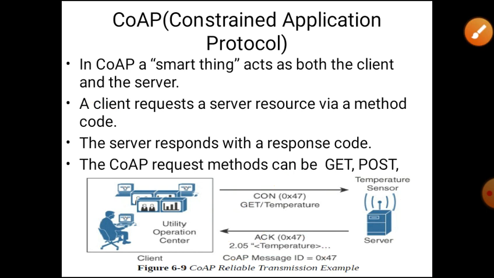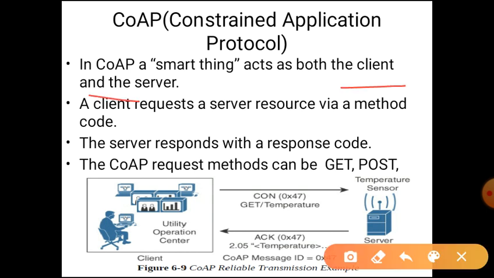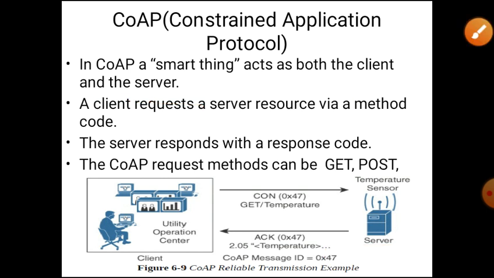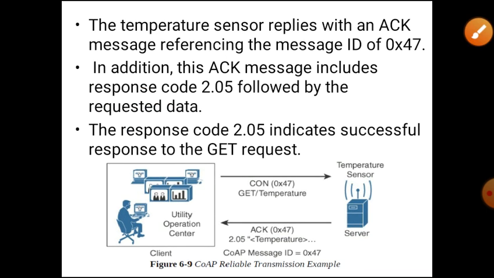So this is what the diagram says, that in CoAP a smart thing can act as both a client as well as a server. So these are the different messages that are supported by CoAP.